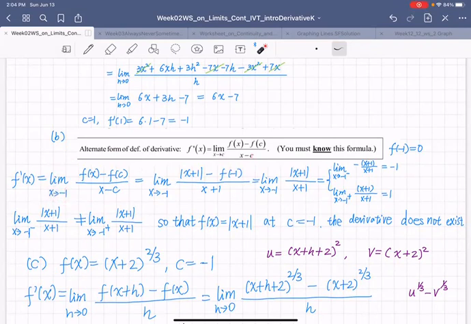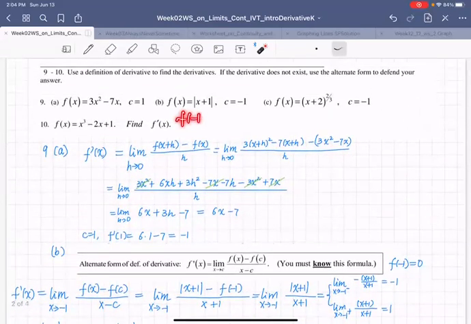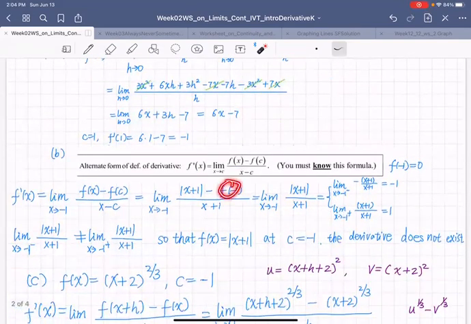Now, you have the absolute value of x plus 1. And you know f(-1) equals 0, so this guy is 0. And then the denominator is x minus c. c is -1, which is x minus -1, which is x plus 1. So you got here. Okay?